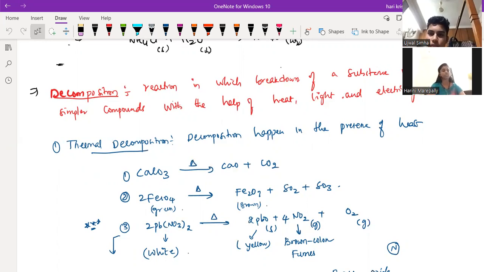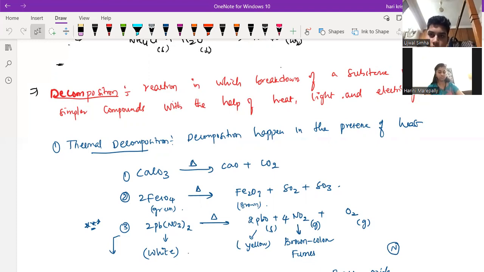So CaCO3 upon heating will produce CaO plus CO2. FeSO4 upon heating will produce Fe2O3 plus SO2 plus SO3. Lead nitrate upon heating will produce lead oxide plus NO2 plus O2. So all these are the decomposition reactions in the presence of heat.